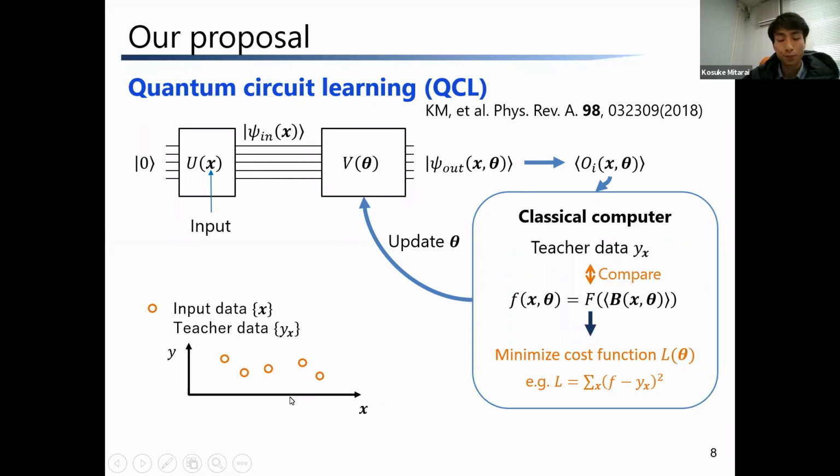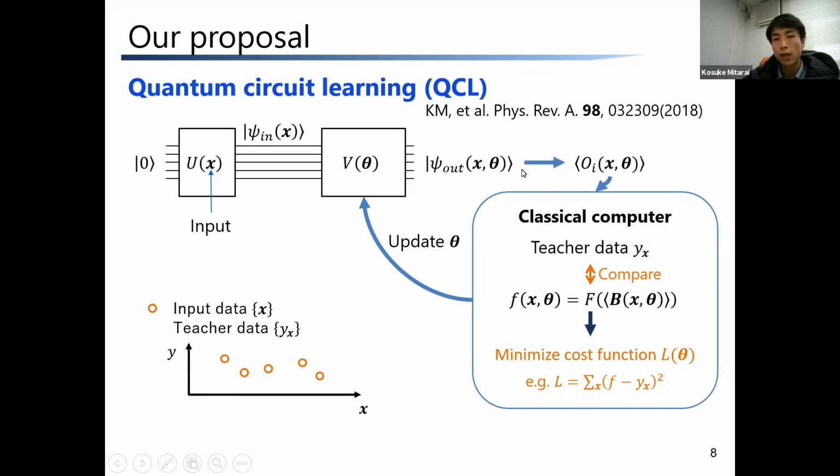We are given input data X and teacher data Y. We input X into a quantum state like this, and we get psi_in(X). Then we mix this state by another unitary V(theta), and we get the output state psi_out, which depends on the input data X and the parameters theta.